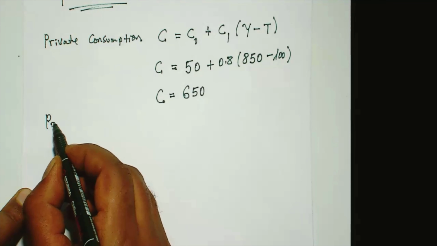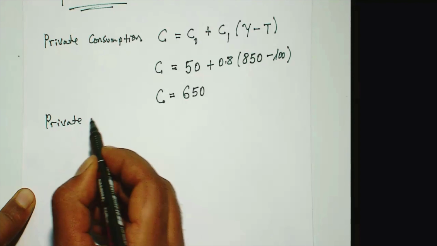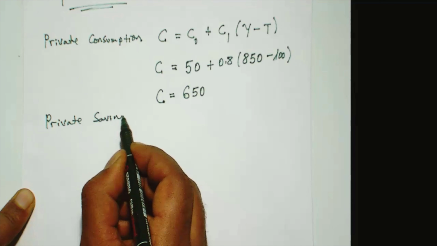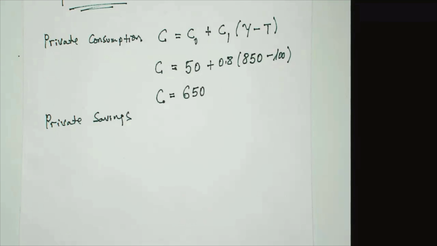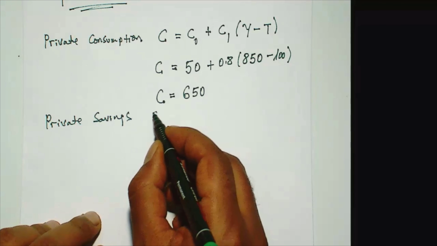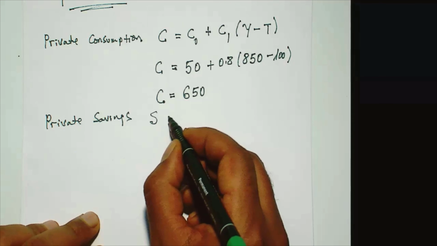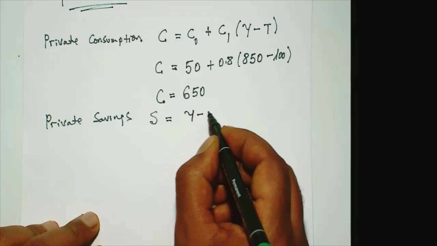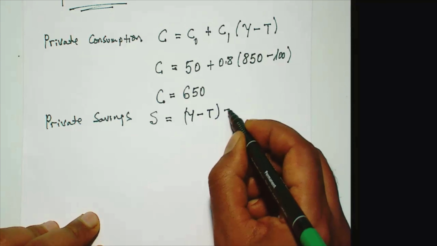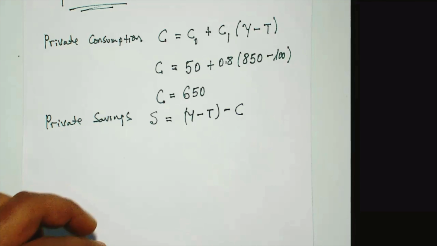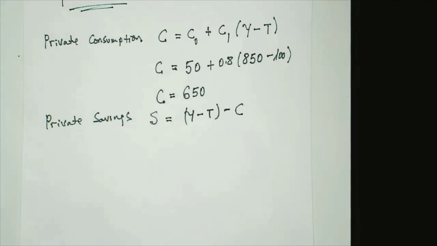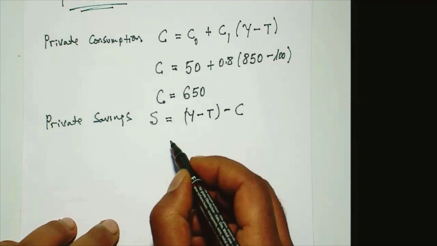The second item that we want to see is private savings. What is not consumed is saved, as we have said earlier. So saving is defined by the formula: my disposable income Y minus T minus the amount of the consumption in the given scenario.